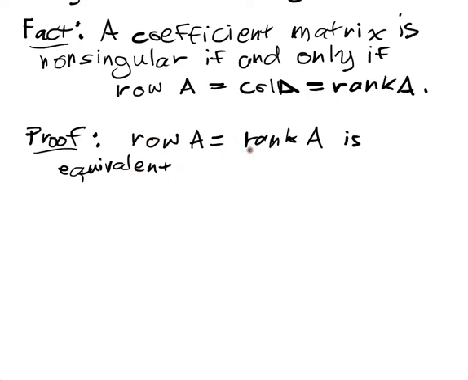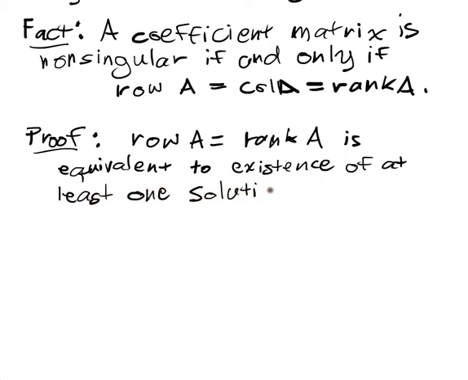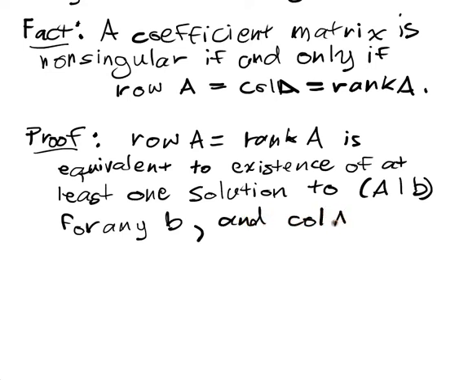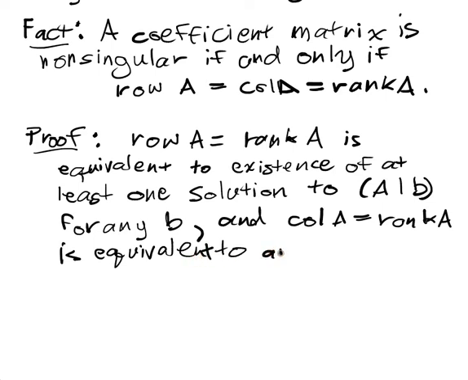So by our fact, rank A equals row of A is equivalent to the existence of at least one solution to A augmented with B for any B, and the number of columns of A equals the rank A is equivalent, by our other fact, to at most one solution.